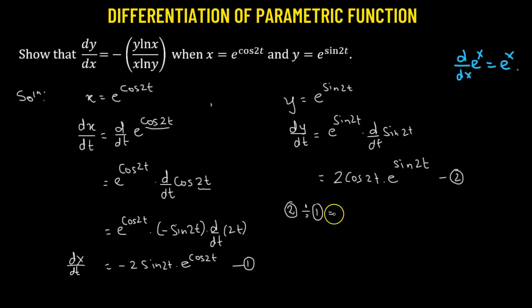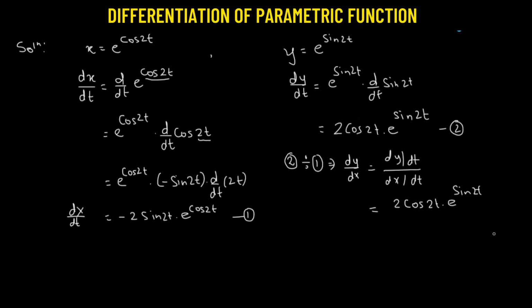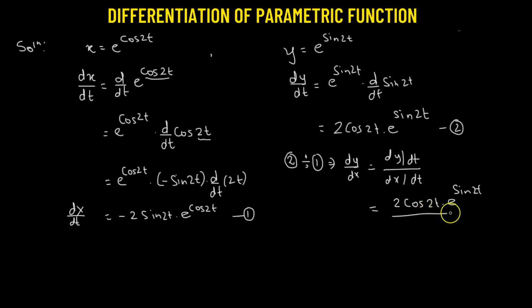This is going to give us the value of the derivative of y with respect to x. That means here what we're doing, we take the derivative of y with respect to t and divide it by the derivative of x with respect to t. So this will be equal to the derivative of y with respect to t, that's 2 times cosine of 2t multiplied by e raised to the power of sine 2t. This will be divided by negative 2 times sine 2t multiplied by e raised to the power of cosine 2t.